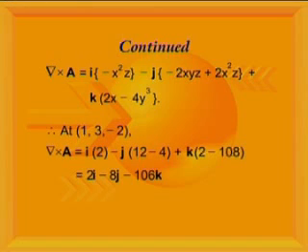Now we have to find the curl of this at the point where x is equal to 1, y is equal to 3, z is equal to -2. We put these values and get del cross A is equal to 2i - 8j - 106k.